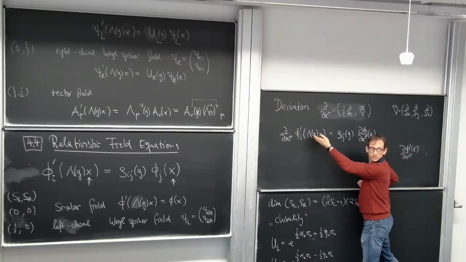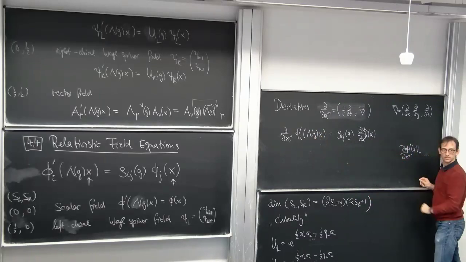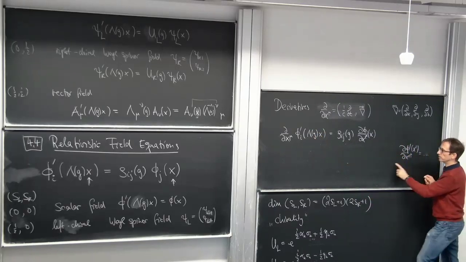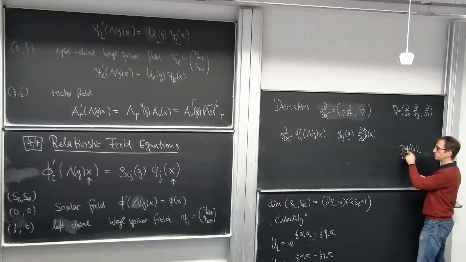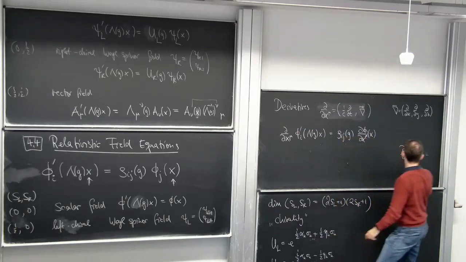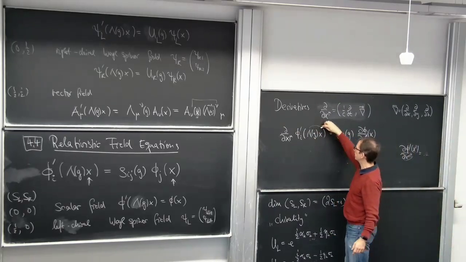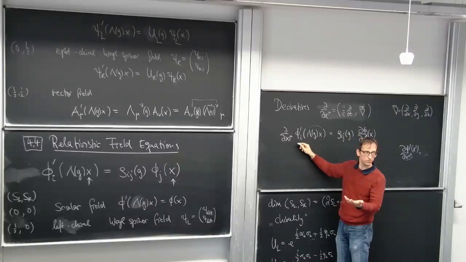Why all this mess in there? If you want to know how the derivative transforms, we need to know what this is in terms of this. So now we have to find this object in here. But what is it? This is the derivative with respect to the argument. And the argument is this x prime. So we do the chain rule.